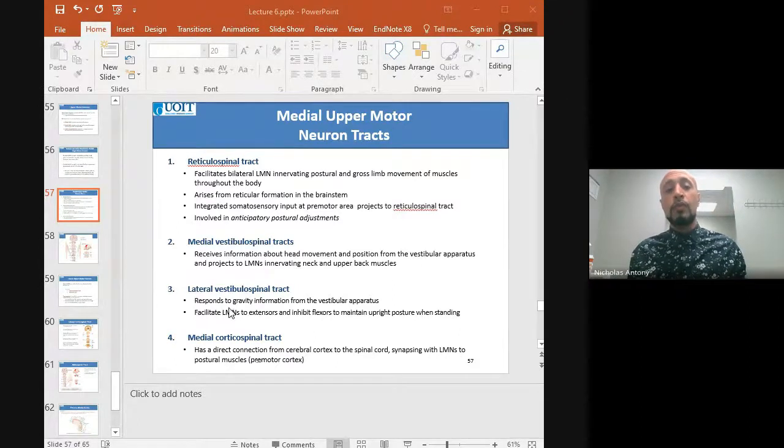And it's going to activate the extensor muscles of our body based on which direction gravity is. So the medial vestibulospinal tract is giving our body a sense of which position our head is in and activating the appropriate neck and shoulder muscles to maintain its stability. Whereas the lateral vestibulospinal tract is registering which way is gravity and baseline activating our core and posture muscles based on which way gravity is located.